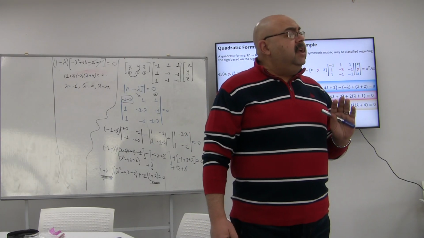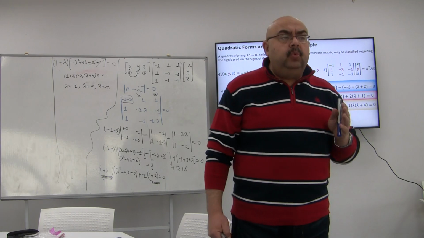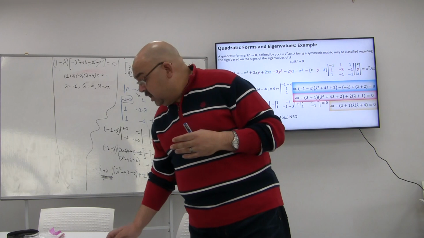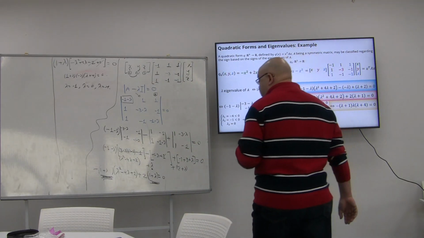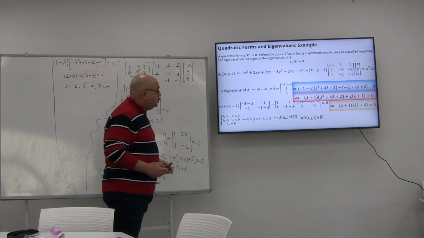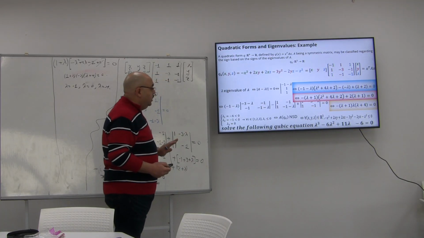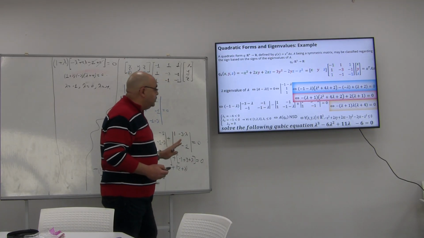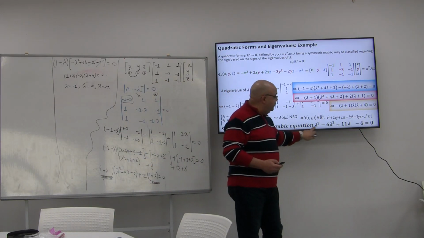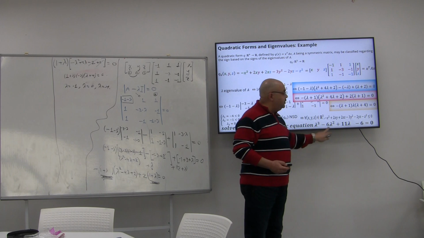The problem of the eigenvalues is how to deal with a cubic equation. One of the methods that we can use to deal with cubic equations is this case. Okay, so it's going to be, as I told you, negative semi-definite. I want you to try to solve this equation. I want to solve with you this equation.